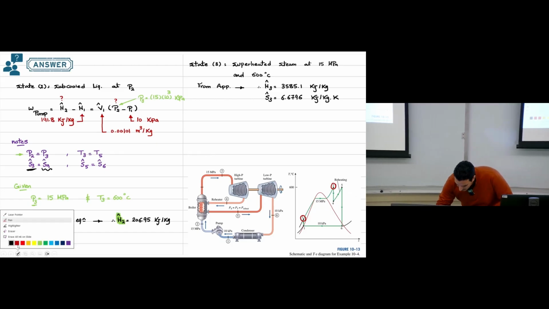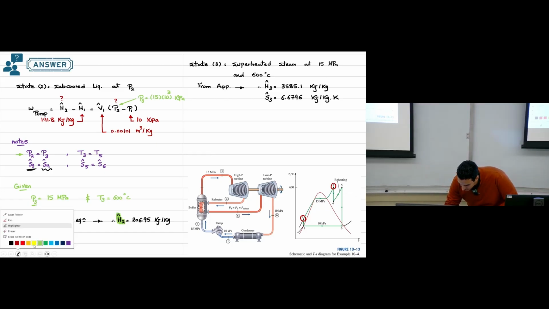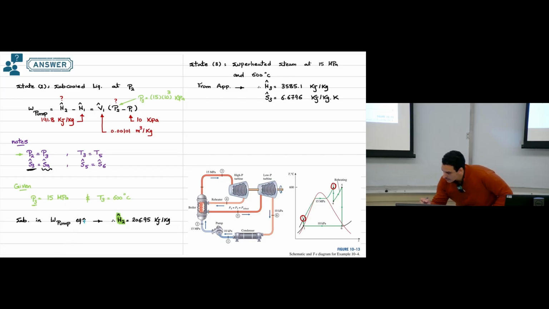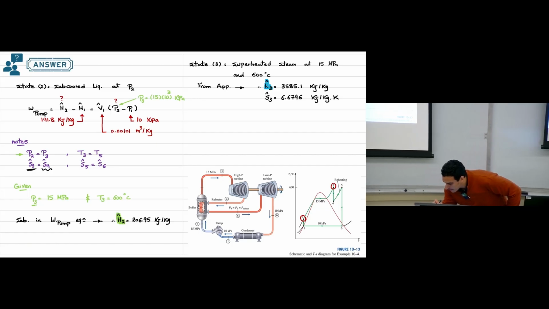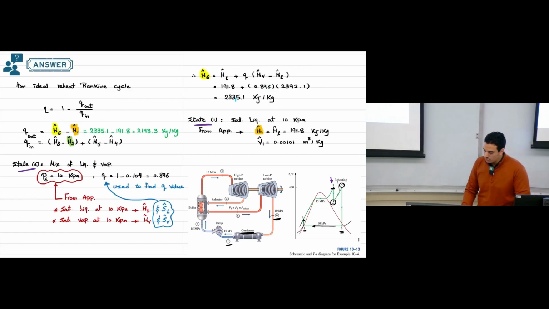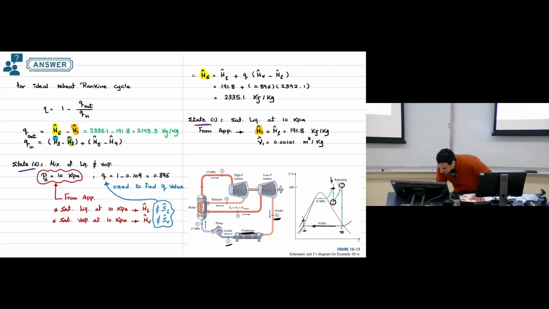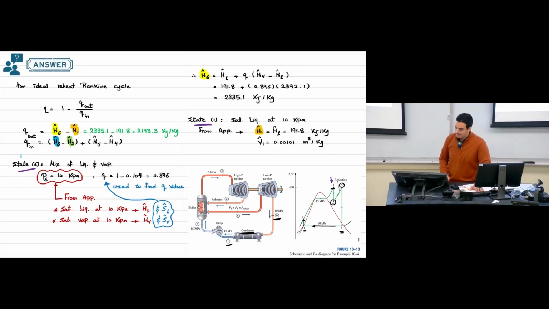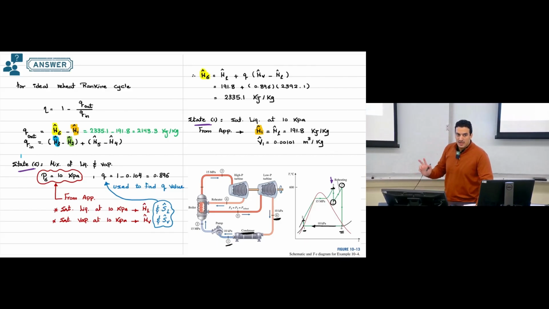So now again I have a new enthalpy value for H3, and if we return to the equation we have, I will find I have H3 here. So now I still have enthalpy at point number 4, enthalpy at point number 5. These are the information I have.